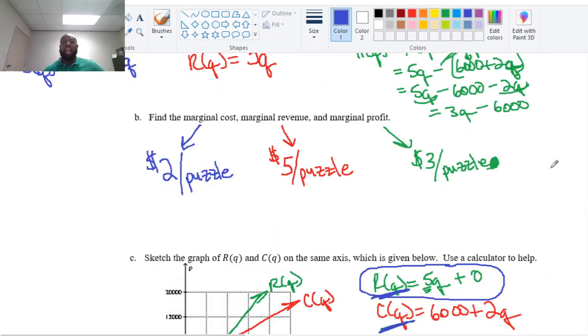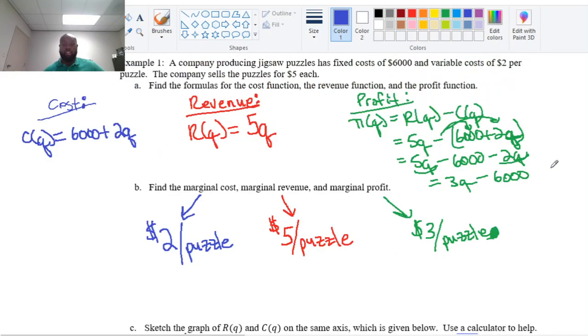All right. I'm going to go back to our profit equation, right? Profit incorporates revenue and cost. Now, if revenue equals cost, that means your profit will equal 0, right? When I subtract something from itself, I always get 0, right?